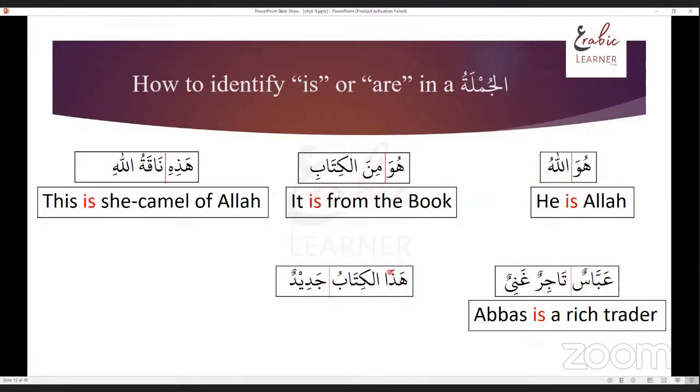So this is in the relationship of ismul ishara musharun ilayh. So where will we put the "is"? You will put it after here. So what will be the meaning of this sentence? This book is new. Well done, brothers and sisters.